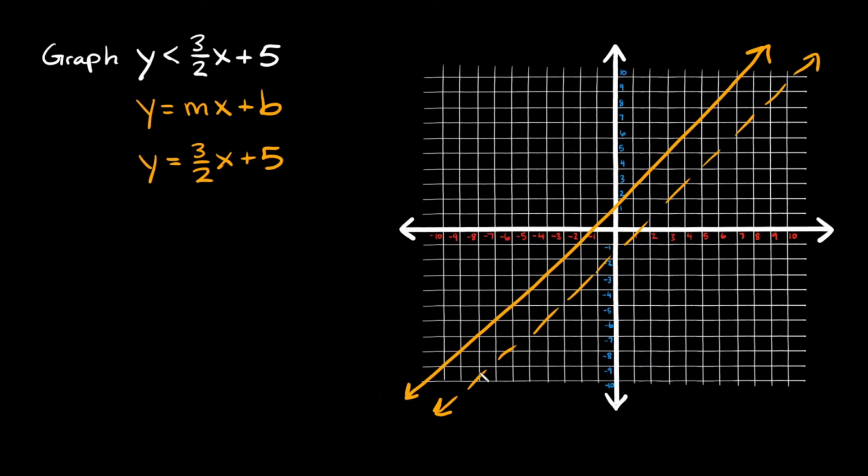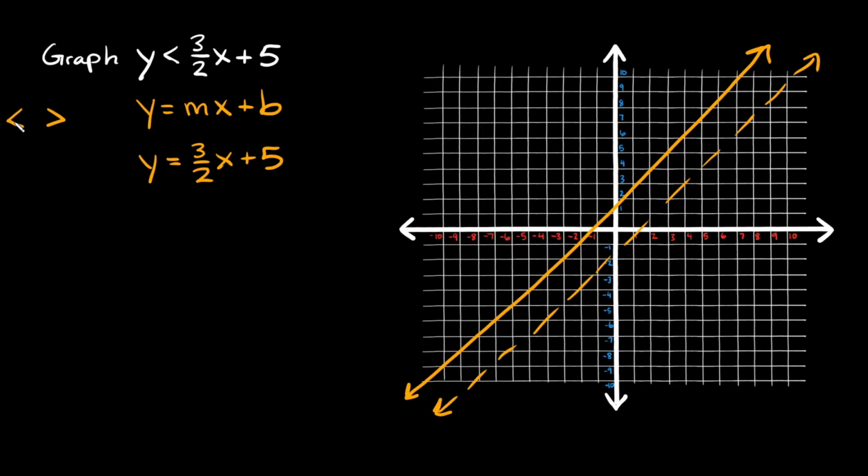Okay, so how do you know if you're going to use a solid line or a dashed line? Well, that's pretty easy. That just simply comes from your inequality symbol right here. If you have a less than sign or a greater than sign, you're going to use a dashed line.